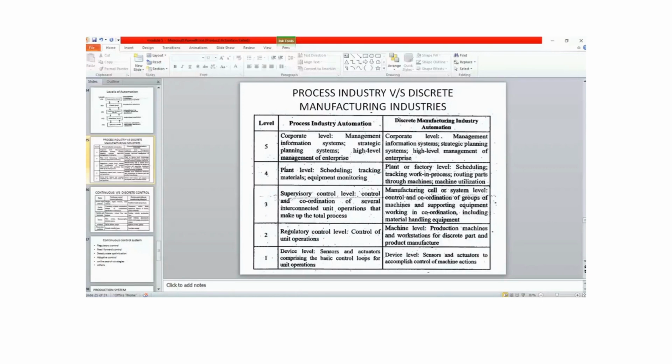But now the last two points, the regulatory control level and the machine level, are specific, and here the path will change. The process industry is for a continuous process.